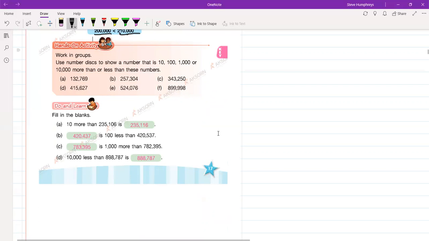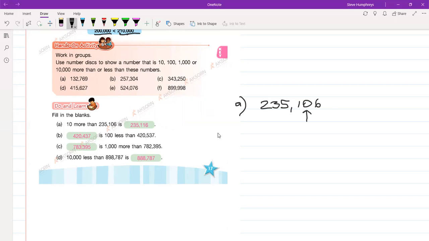Do and learn, fill in the blanks. A. Okay, 10 more than 235,106 is, and so 10 more than this number. There's your tens place there.